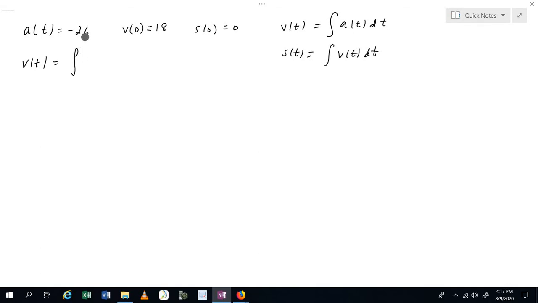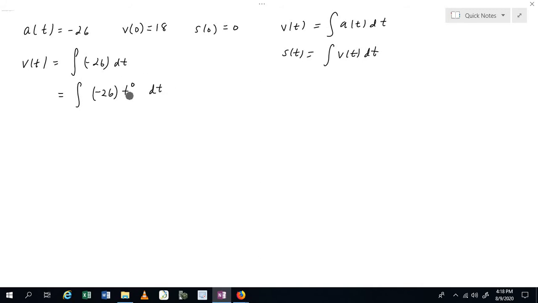Again, it's the antiderivative of the acceleration function with respect to time, and the acceleration function in this case is a constant. It's just negative 26. If you want to find this antiderivative, one way is to think of this as negative 26 times t to the 0 power.